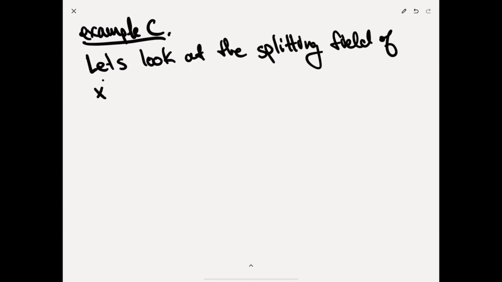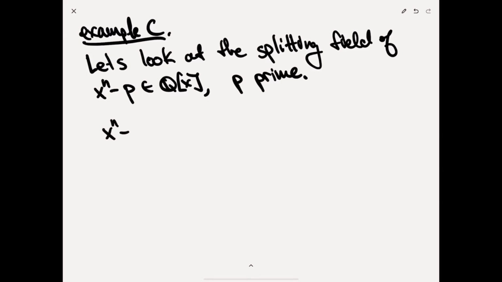Let's do a prime: x to the n minus p, in Q[x], and here p is prime. It's a rational prime number. All right, so here we have an interesting factorization of x to the n minus p. This thing factors as x minus p to the 1 over n, and I'm going to view that one as a real nth root.